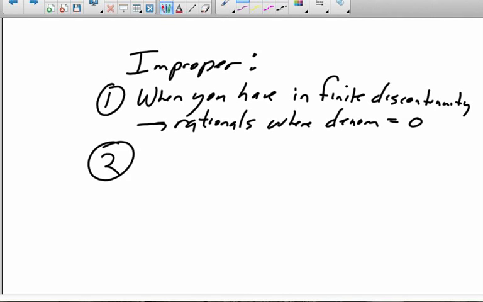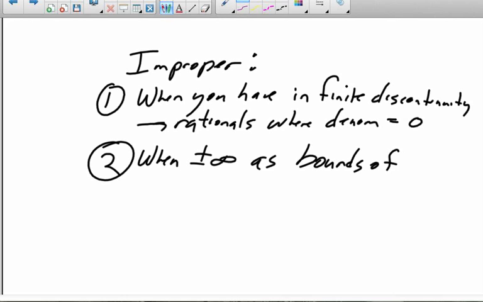And the second place you're going to get them is when you have either plus or minus infinity as the bounds of integration. So you always have to worry about whether you have an improper integral or not.